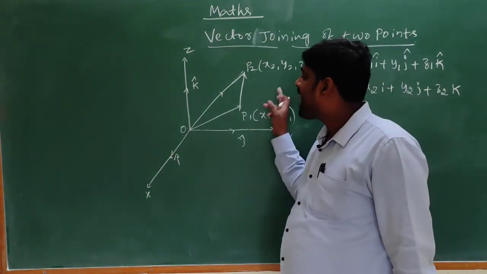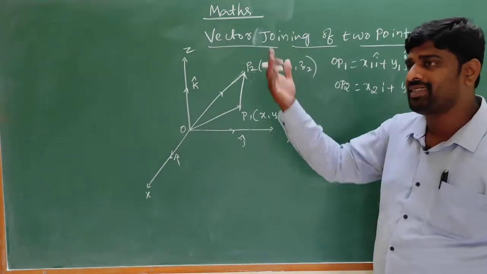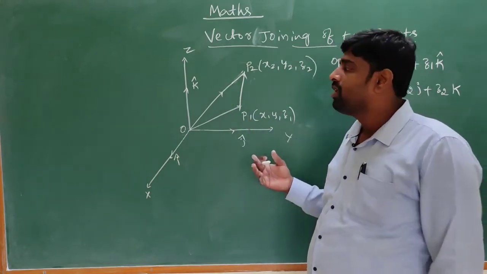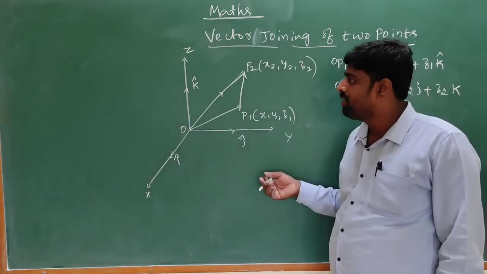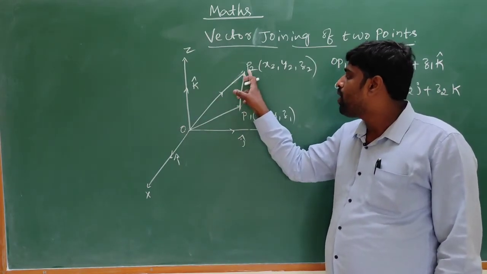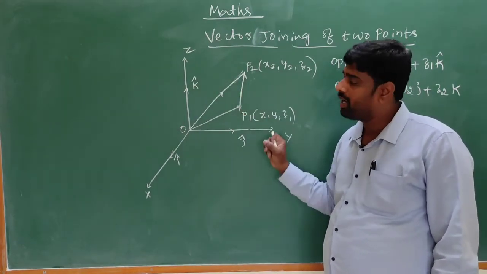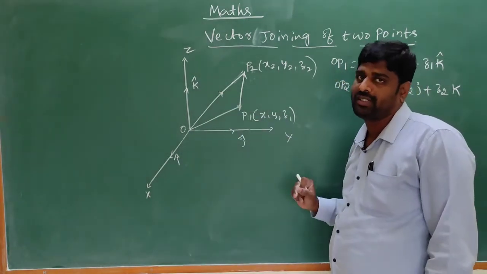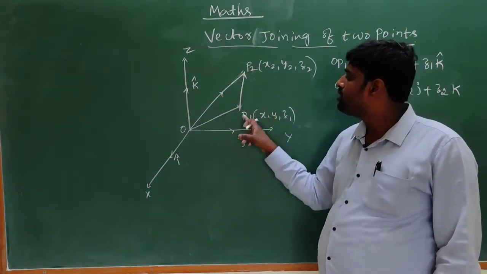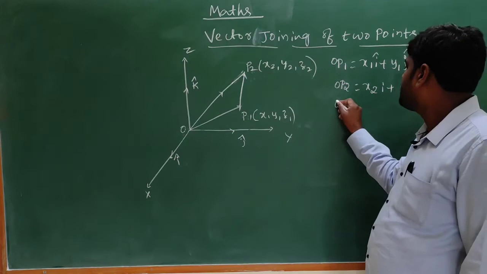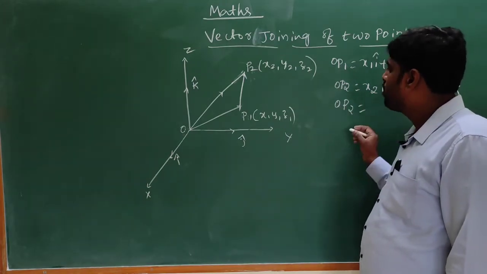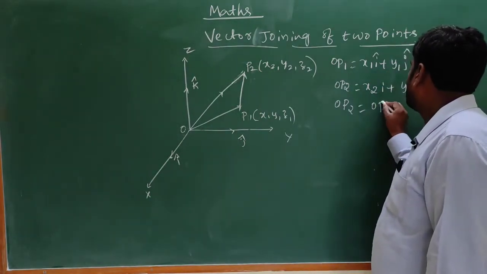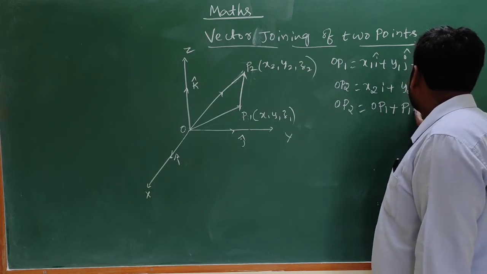Now by using the triangle law of addition, in previous sessions I already discussed addition of two vectors, the hypotenuse is equal to opposite plus adjacent. That is, OP2 is equal to OP1 plus P1P2.